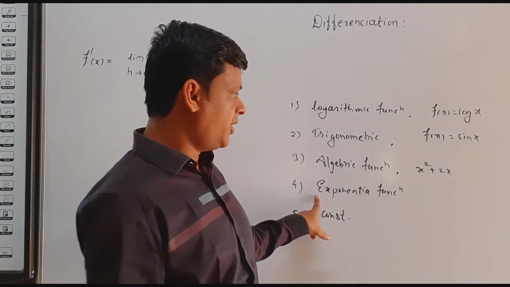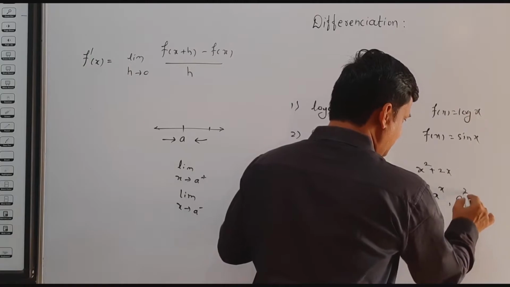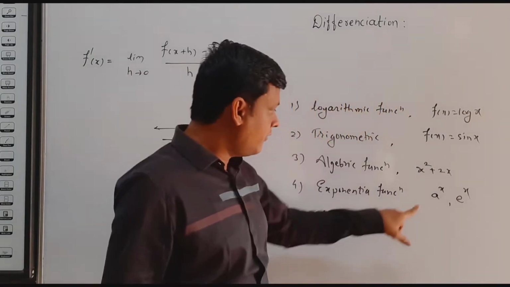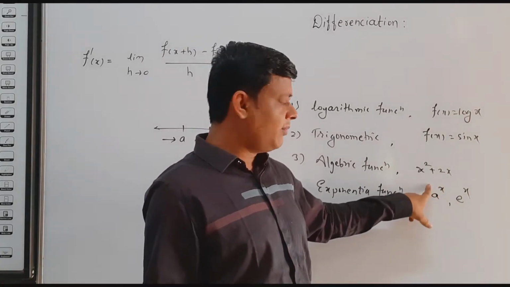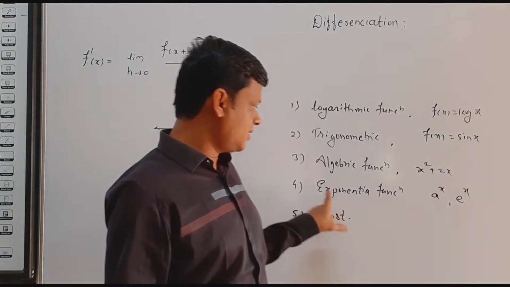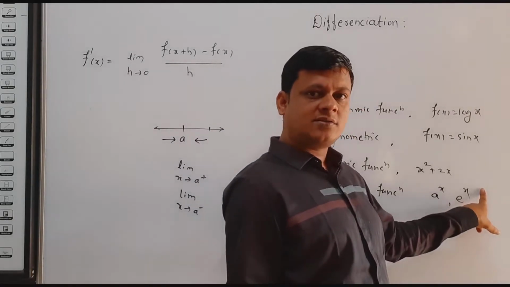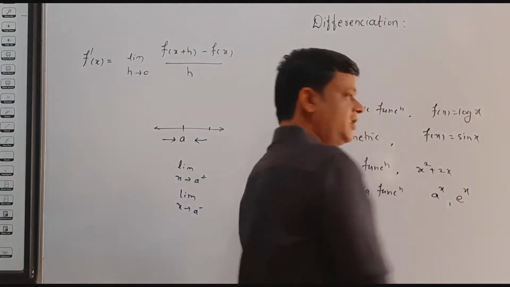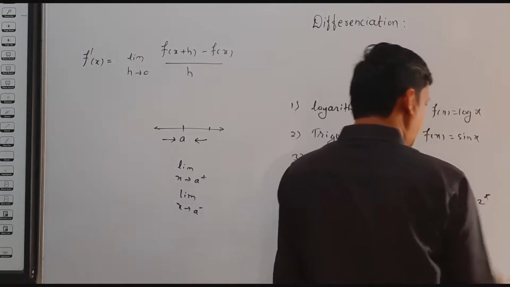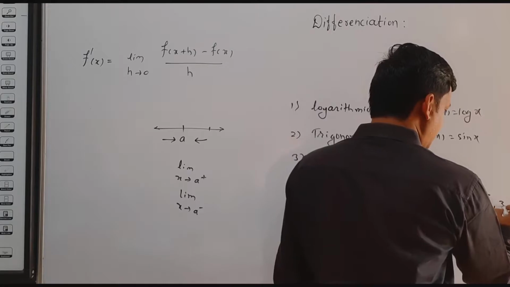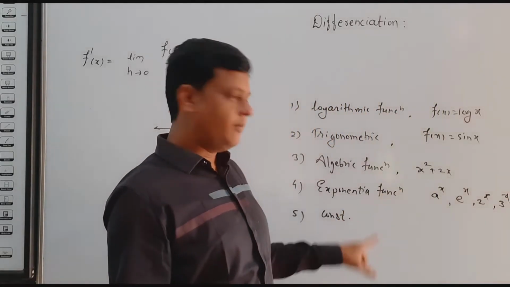And in an exponential function, a raised to the power x, e raised to the power x, the base is a constant and the power is a variable. This e raised to the power x, we know that the value of e lies between 2 and 3. This a is constant. For example, 2 raised to the power x, 3 raised to the power x are examples of exponential functions.